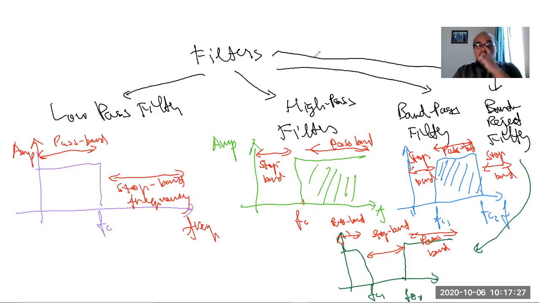Based on the component, whether we build that filter using passive components or amplification with active components, filters can also be divided into two types: either a passive filter or an active filter.